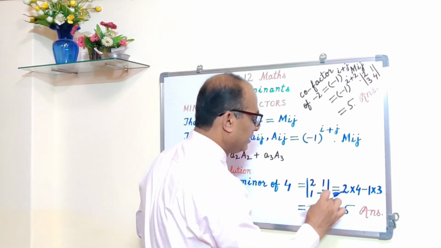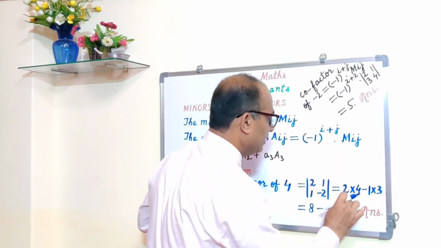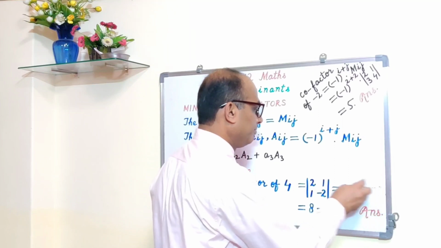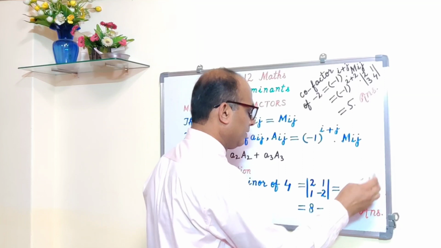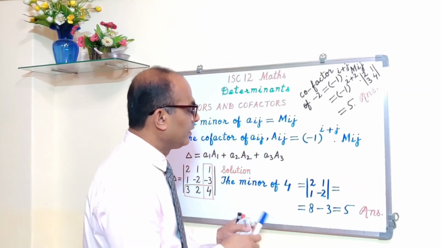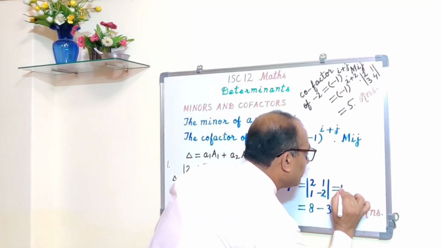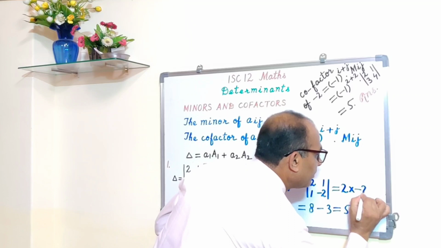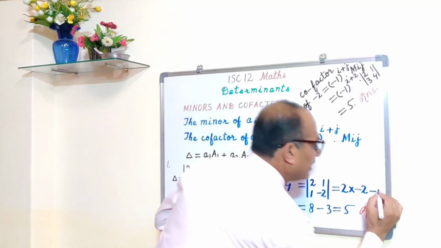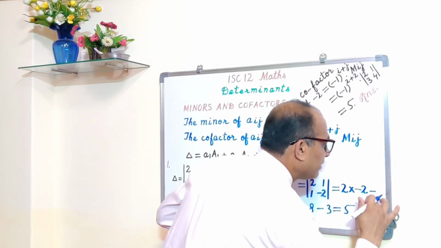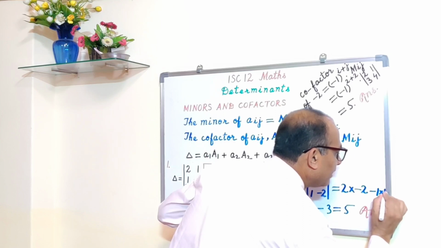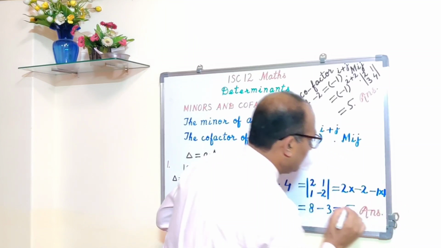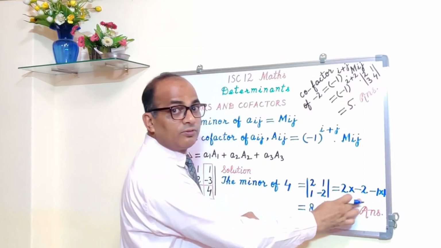So 2 into minus 2, and minus 1 into 1. Alright, so then we get minus 4 and minus 1.